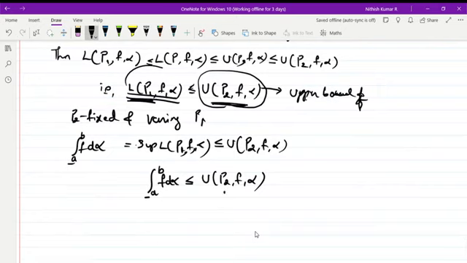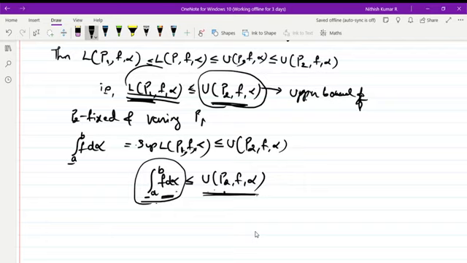Now where is this P2? P2 is a partition of the closed interval [a, b]. As I vary this partition P2, the sum of the areas of these rectangles will always be greater than or equal to this lower Riemann integral. Therefore, this lower integral is a lower bound of the set of all U(P2, f, alpha), where P2 is a partition of [a, b].